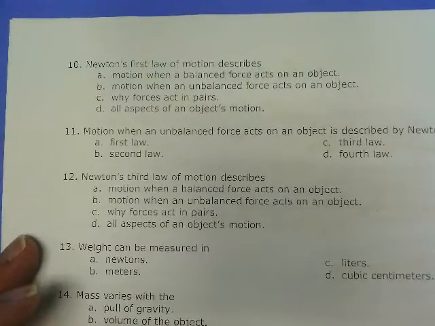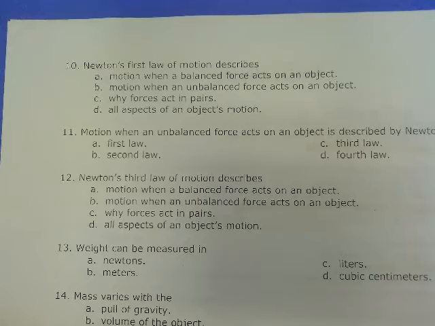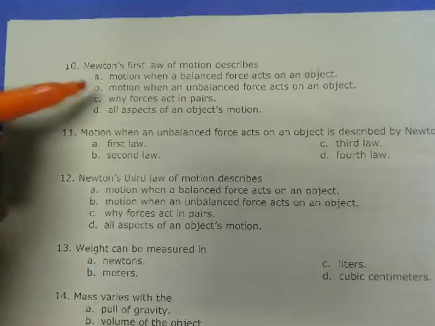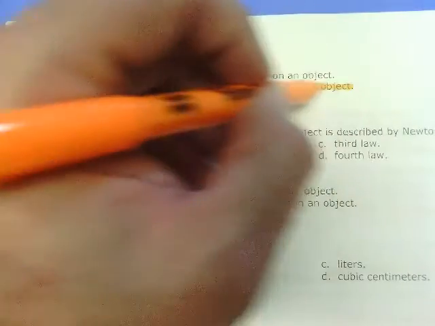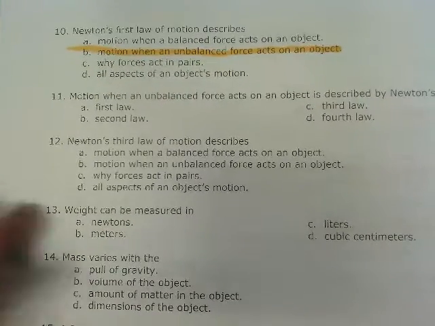Okay, remembering that Newton's first law is the law of inertia, therefore an object in motion will stay in motion, or an object at rest will stay at rest. Basically it means that unless acted on by an outside force, because it takes an unbalanced force to move the object.